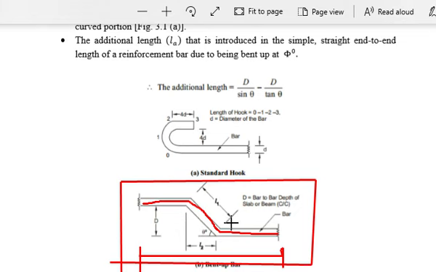If you consider this right angle triangle over here, this is the L, this is the part of this L, so I call it L2.